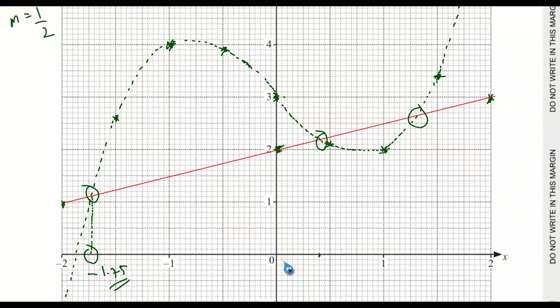So don't forget, each line is 0.05. So we have 5, 6, 7, 8. Take your calculator again and do 0.05 times 8. So this will be 0.4. And another one you could do is this one here.